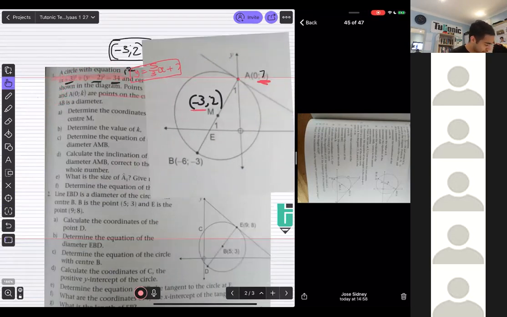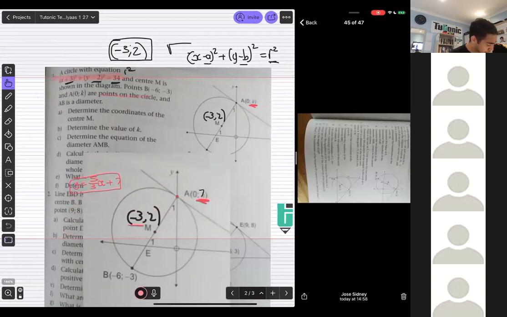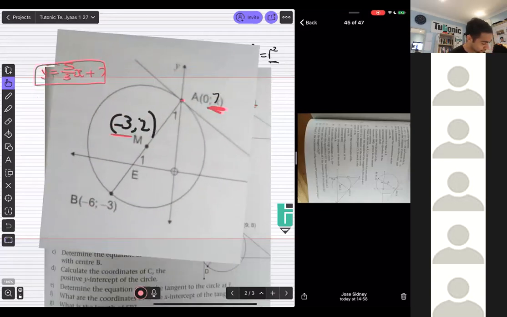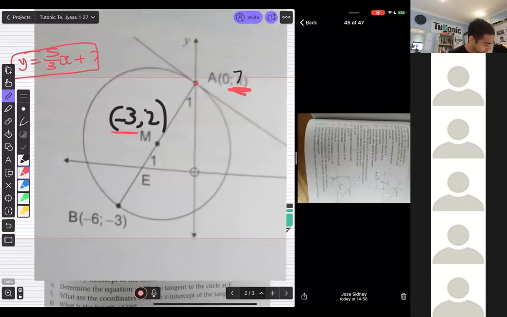Next question says the angle of inclination. How do we work out the angle of inclination? Tan theta is equal to the gradient. Right. So what's the gradient? Five over 3.